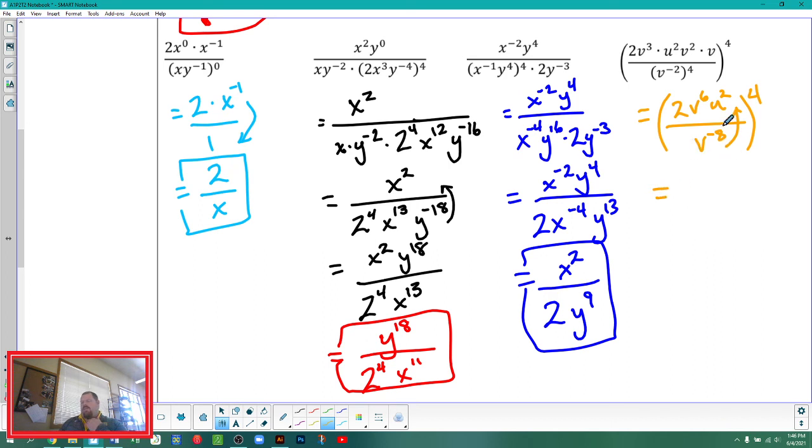But I just think about it coming up to the top, and then I would have v to the 6th and v to the 8th, which is going to be v to the 14th, u to the 2nd. All that's still being raised to the 4th power. We'll go ahead and drop in that 4 now. That's 2 to the 4th, v to the 14 times 4, which is 56, and u to the 8th.